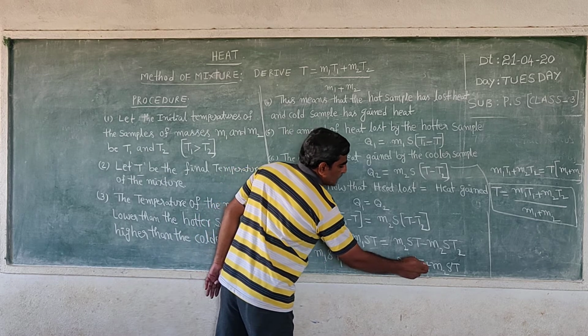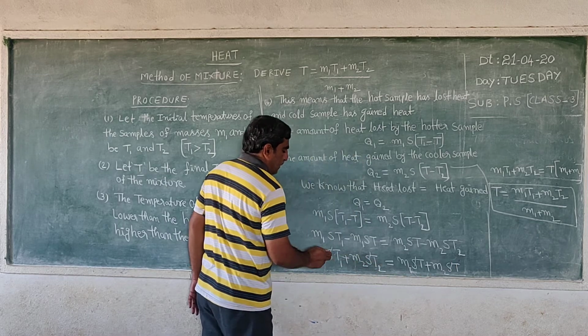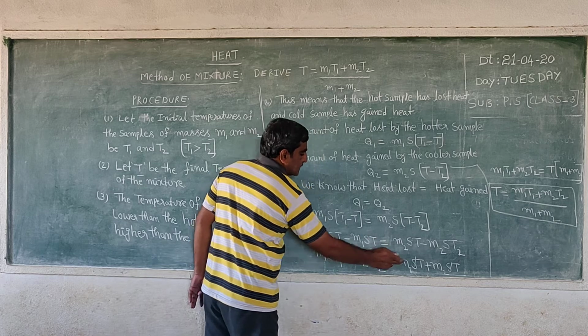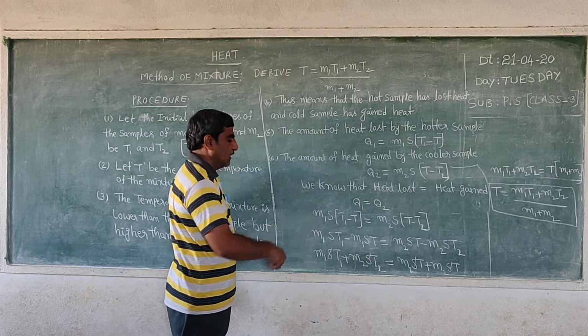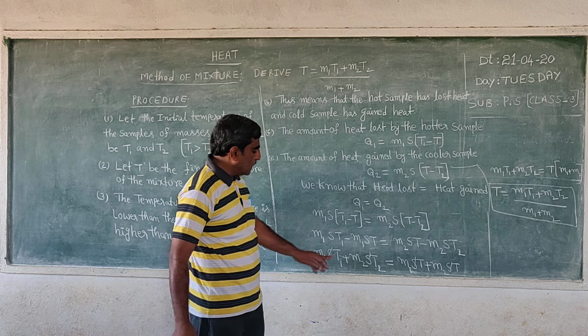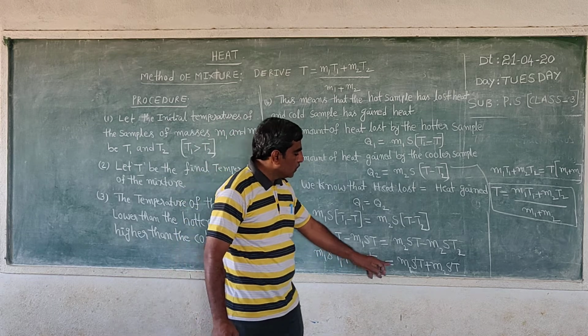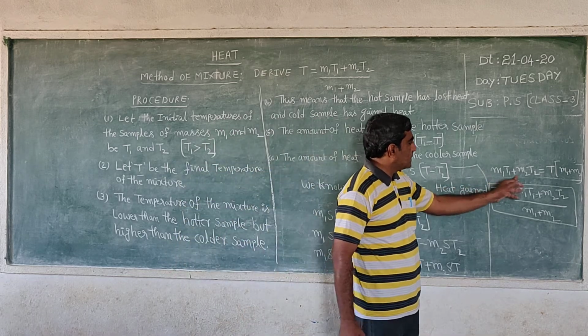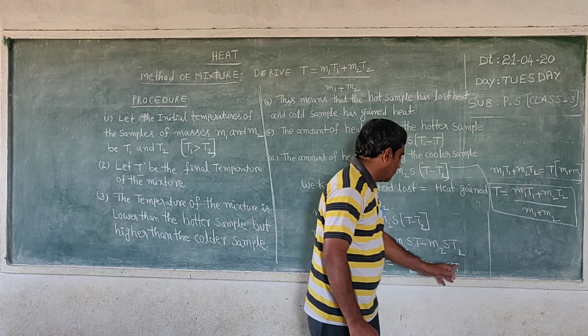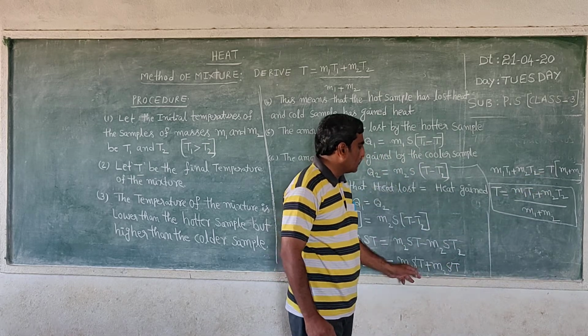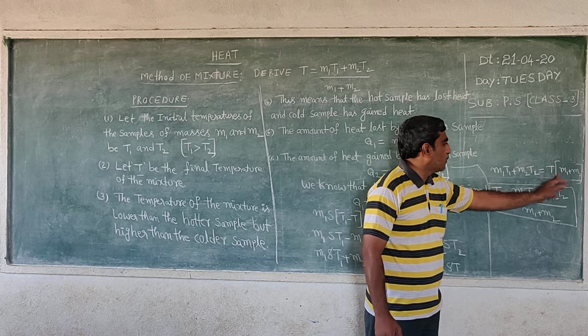M1 S T plus M2 S T, where S is also common, so S, the specific heat of the substance, cancels. So M1 T1 plus M2 T2 equal to T times M1 plus M2, since T is common.